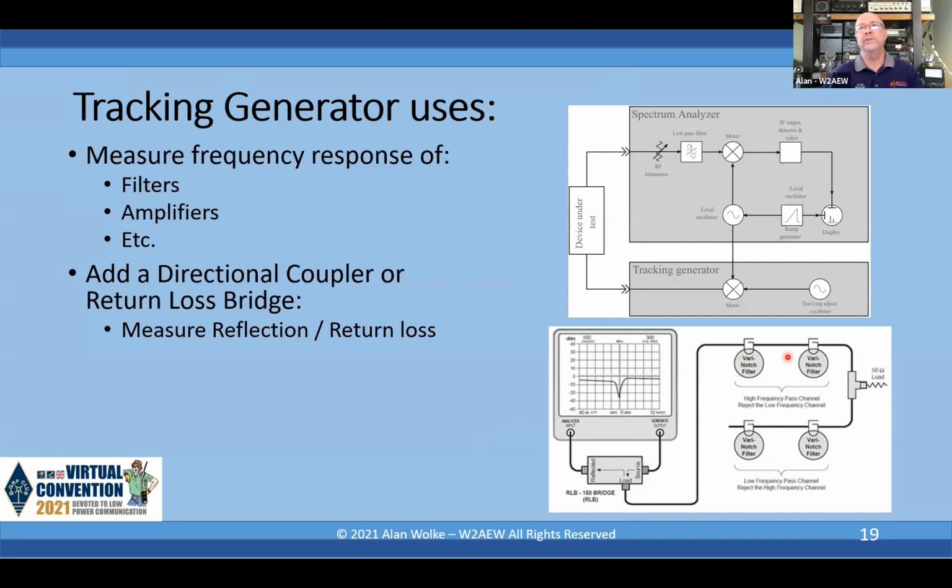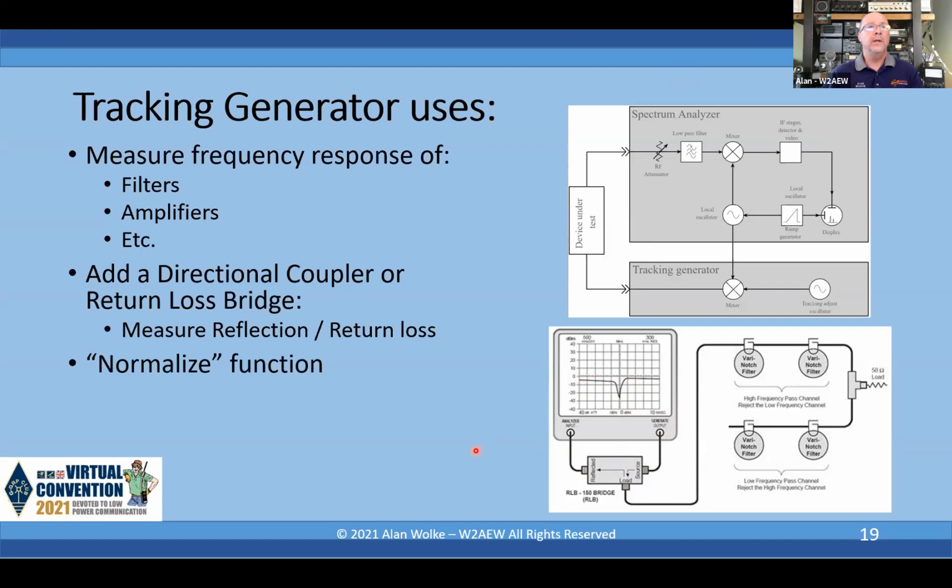Ideally, if you've got a device that's perfectly impedance matched, all the energy coming out from the generator is going to go into the device, and then nothing is going to get reflected back, so you won't see anything. So you can use this to look at things like return loss, or even, in a sense, SWR, but you won't get a direct SWR reading. You're going to get a return loss or reflection coefficient measurement by doing this, but it gives you a way of looking at input match.